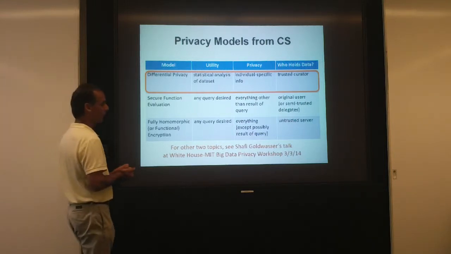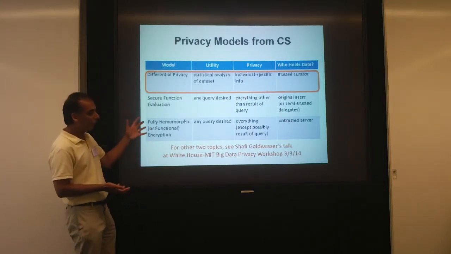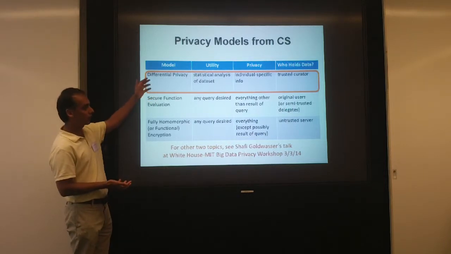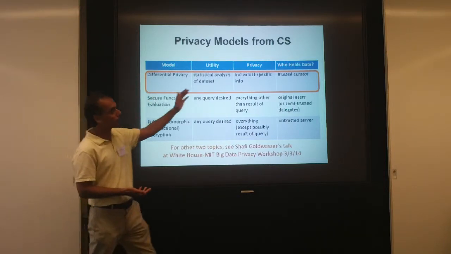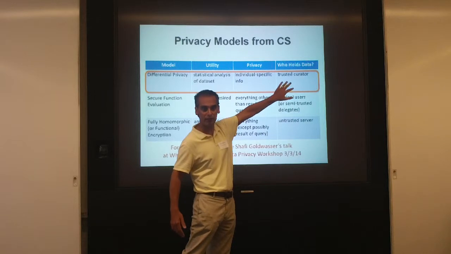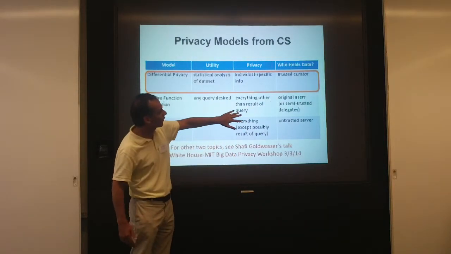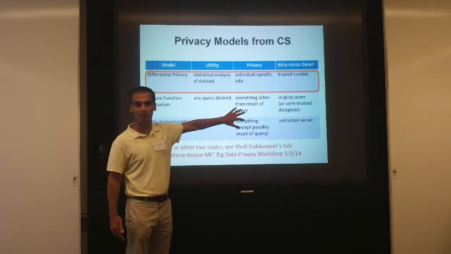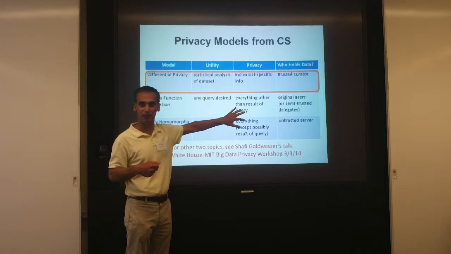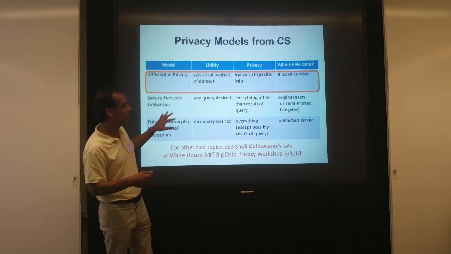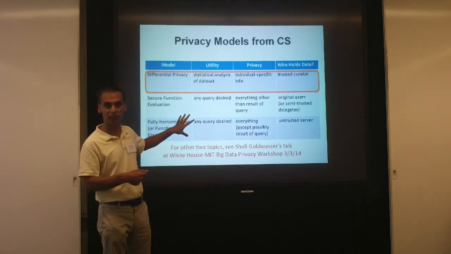There's beautiful things possible, but they aren't the closest fit with what we are trying to do here in the project. First, we do again have a trusted curator. Second, they don't really get around, like, what if the query itself reveals too much information about one person? Like the first example we talked about. These lines of work don't address that problem.